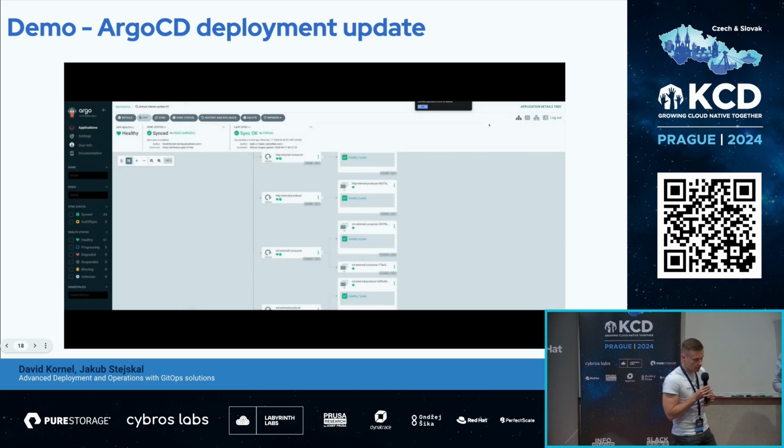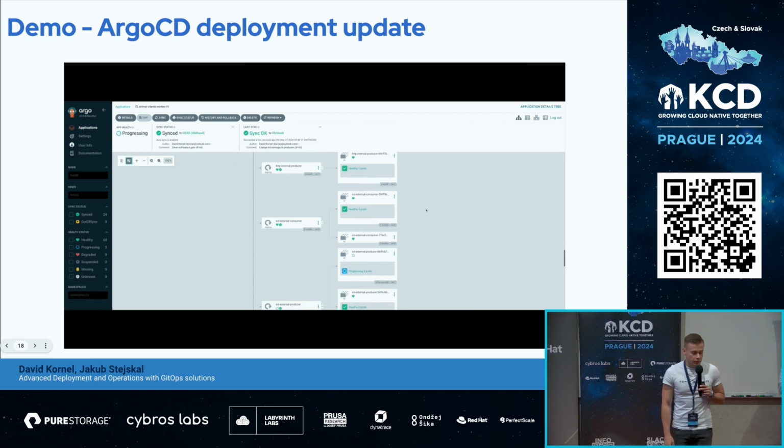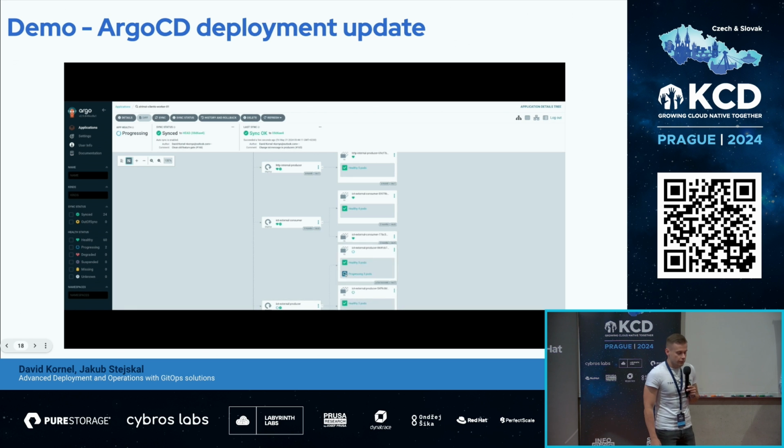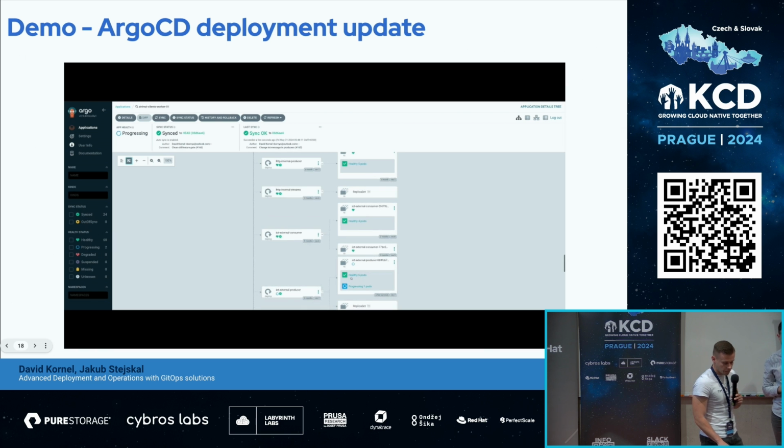So we will refresh the UI to see the changes. Now you can see that the application is out of sync and it's syncing right now. So yeah, the pods started rolling, and it will be really fast because it's a simple application.